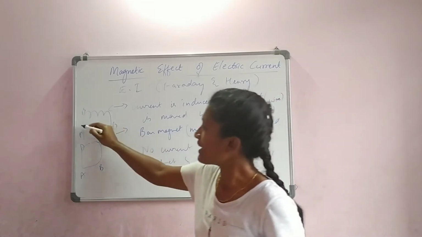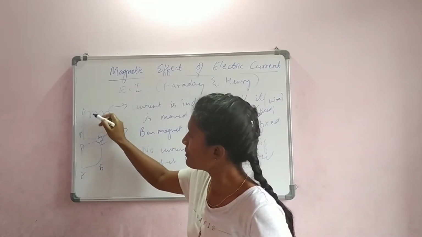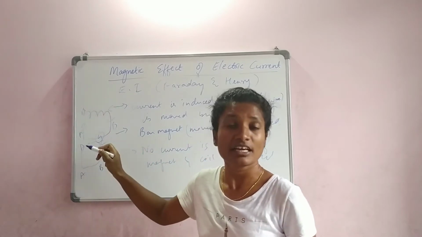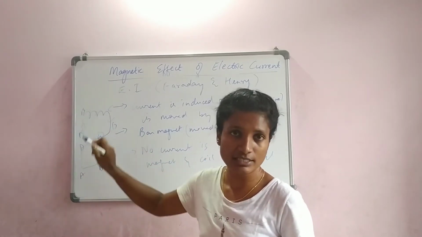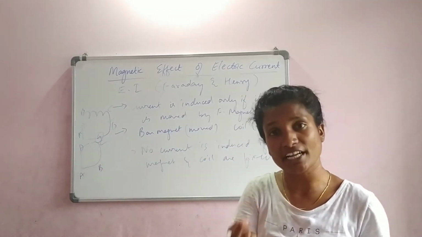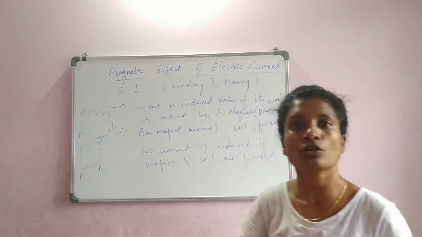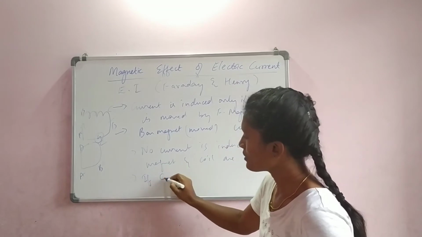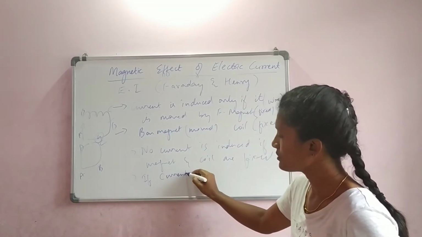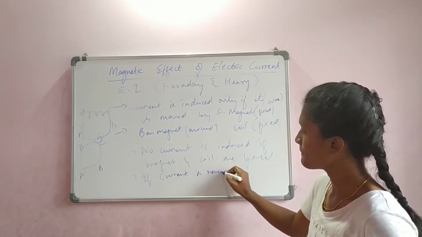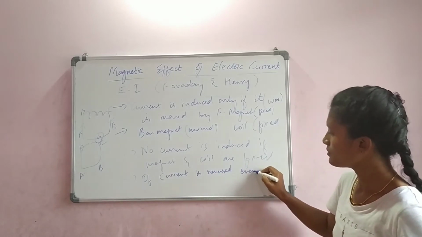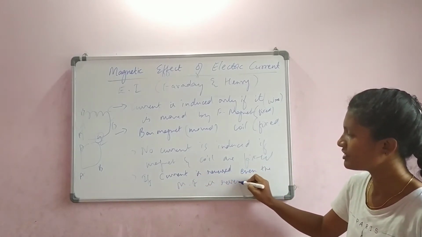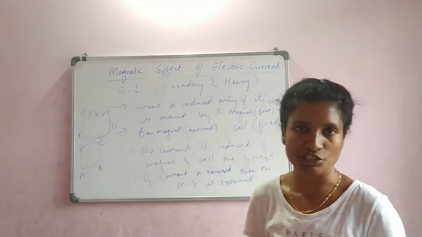The direction of the current was moving from A, B, C and D, it was cyclic. If you want that to get reversed, then definitely the magnetic field also gets reversed. Both are directly proportional. So if current is reversed, even the magnetic field is reversed, which means both are directly proportional.